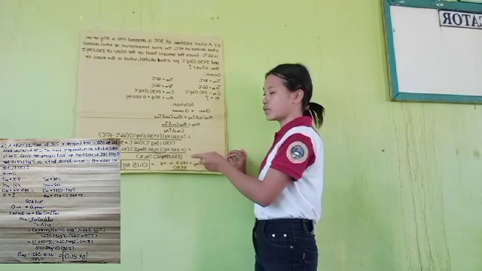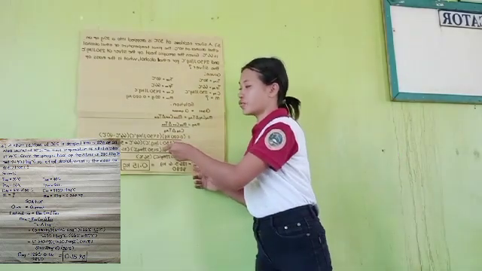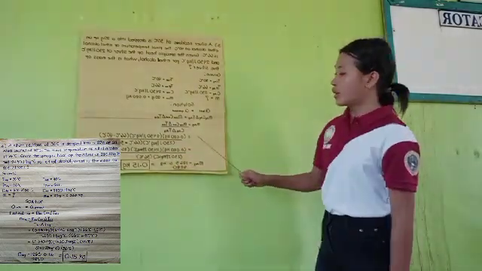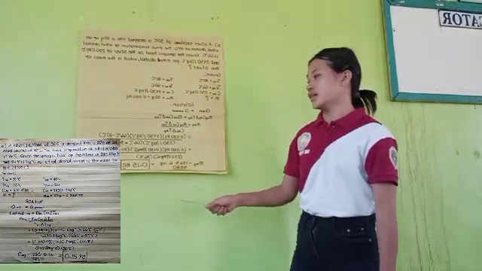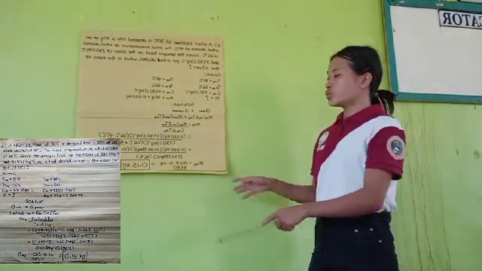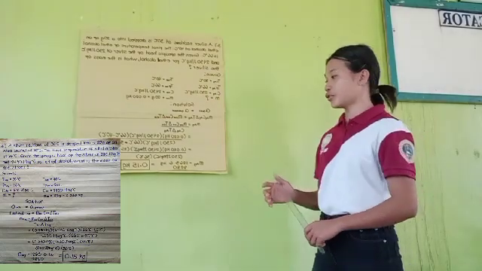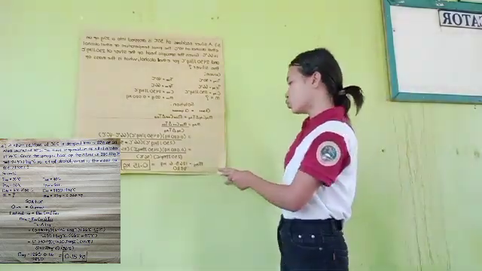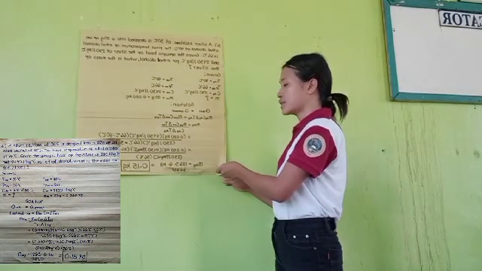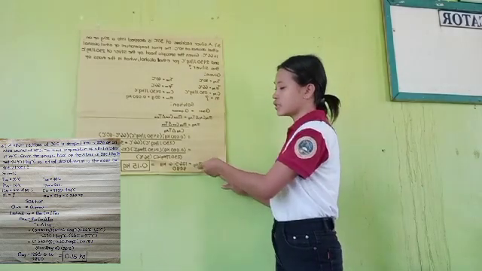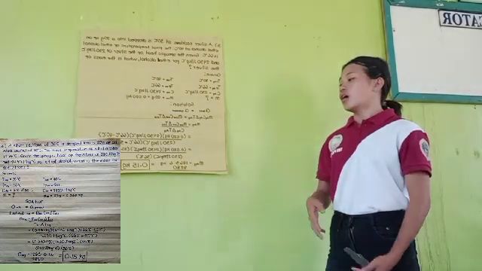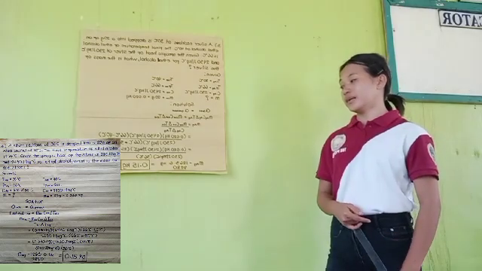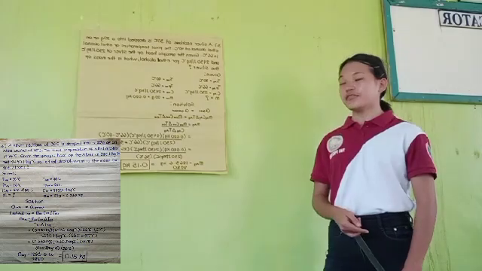0.020 kilograms times 2,430 joules per kilogram degrees Celsius times 66 minus 40 degrees Celsius, which is equal to 26 degrees Celsius, over 230 joules per kilogram degrees Celsius times 66 minus 30 degrees Celsius, which is 36 degrees Celsius. 0.020 times 2,430 times 26 is equal to 1,263.6 kilograms over 230 times 36, which is 8,280. 1,263.6 kilograms divided by 8,280 is equal to 0.15 kilograms.